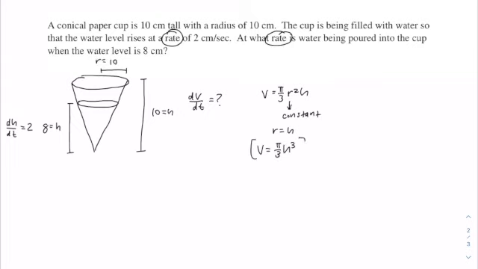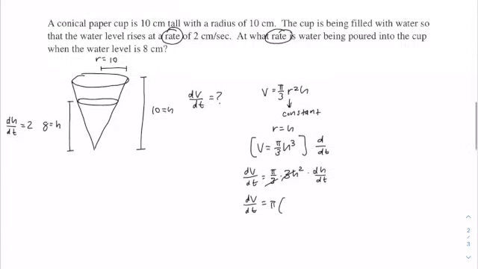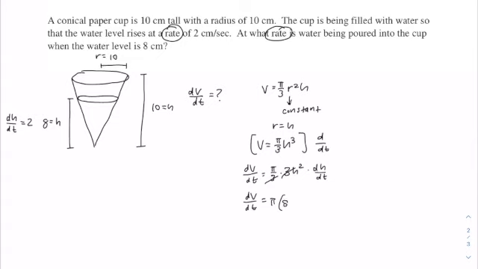Now we can take the derivative of this, d/dt. So dv dt is equal to pi over 3 times 3h squared times dh dt. We can cancel out the 3, and we get dv dt is equal to pi, and then h, remember, is 8 for the situation right now.